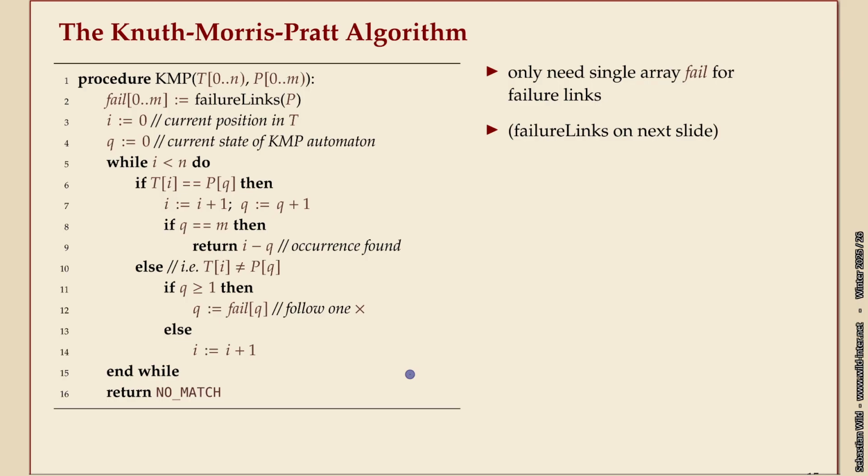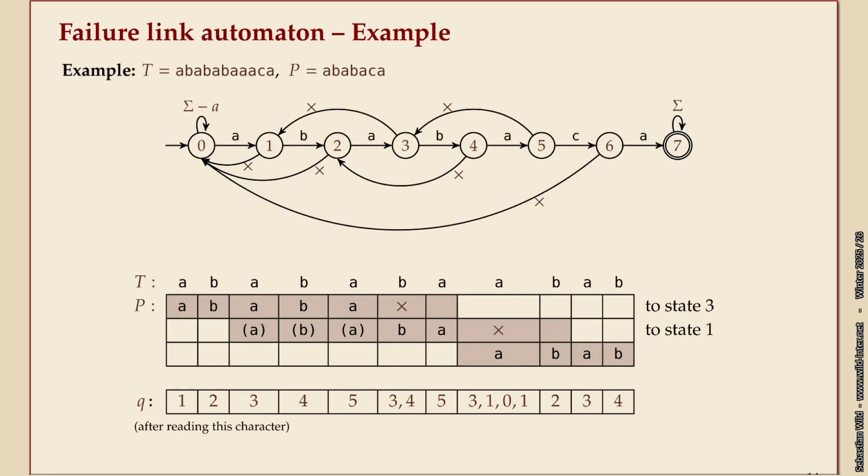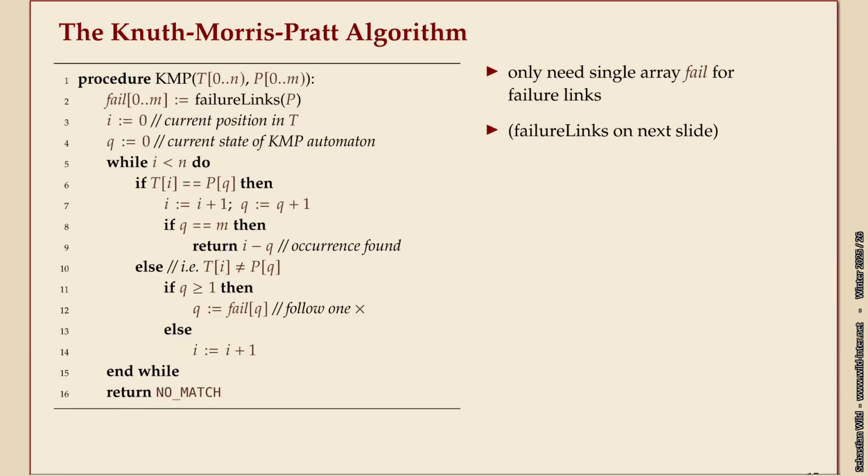The code is here for the analysis, because, as shown in this example, it can potentially take you a long time before you process the next character in the text. And in the code, this also shows there's an outer loop that says I'm going to go through the positions in the text, but I'm not always making progress.